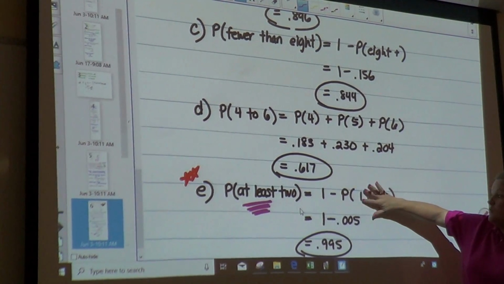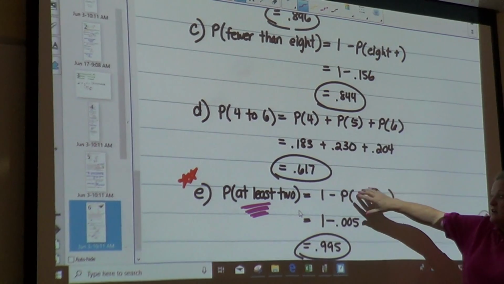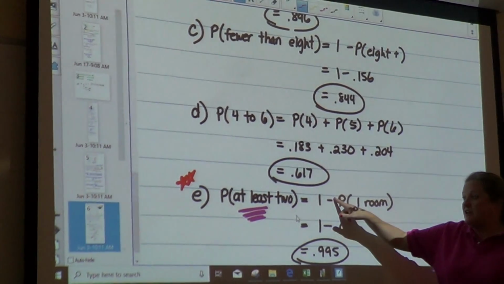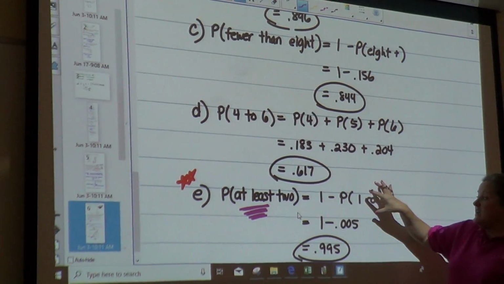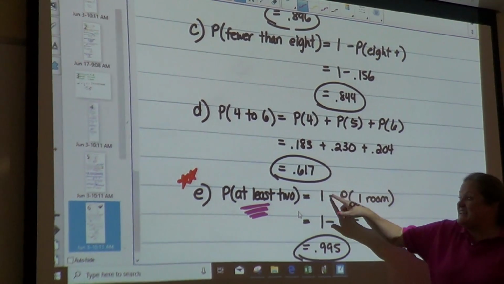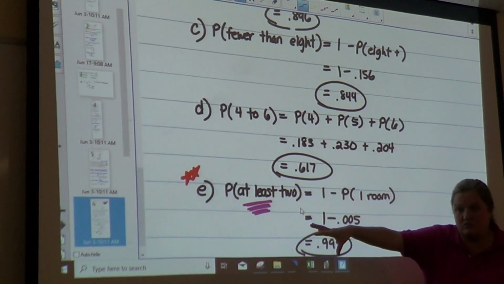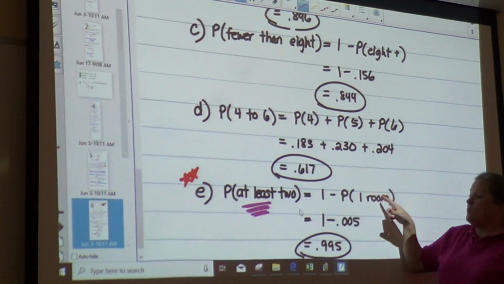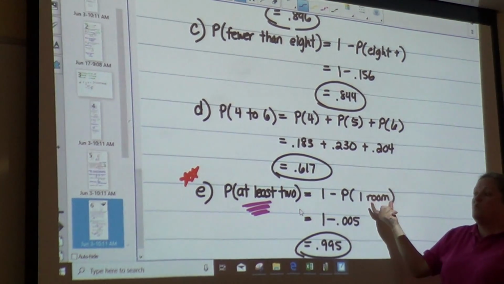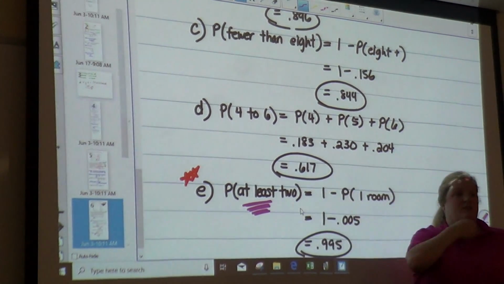So if you get rid of the 1 rooms, everything else is going to be the at least 2 rooms. So at least is going to be your 1 minus, and what do you want to get rid of? You want to get rid of the 1 rooms, and everything else is going to be your 2 rooms.